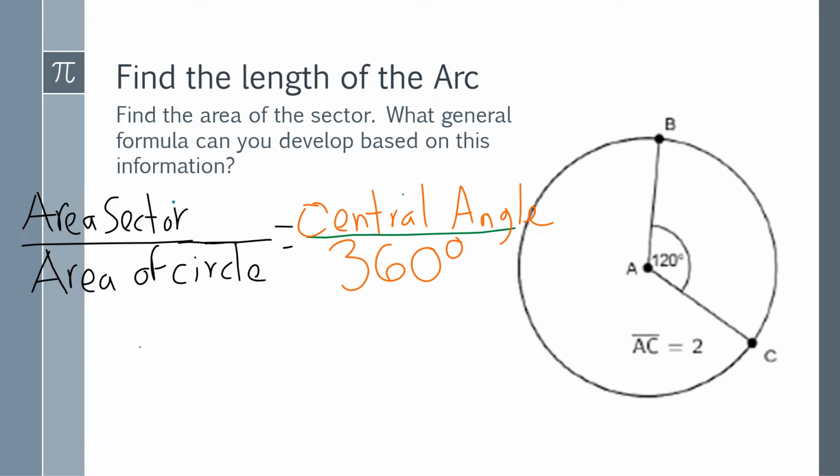Area of the sector divided by the area of the circle equals the central angle divided by 360, which we got all that going on here. All right. So again, if you forgot this from whatever teacher you had, please don't feel bad. It's all right. I'm gonna touch base on it.